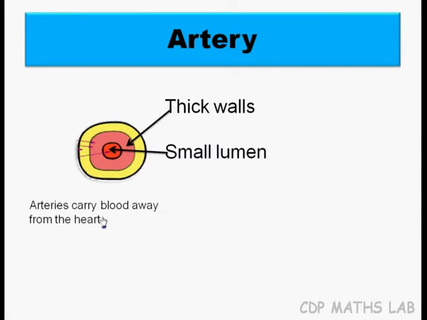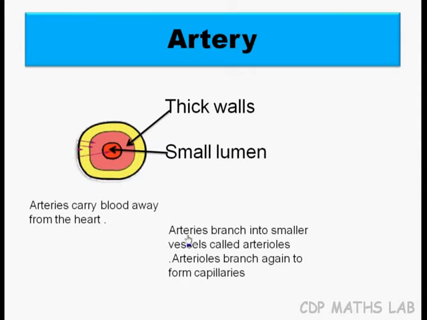Blood away from the heart. Arteries also branch into smaller vessels called arterioles, and the arterioles branch again to form capillaries. So the most important thing here is the function of the artery, which is to carry blood from the heart.